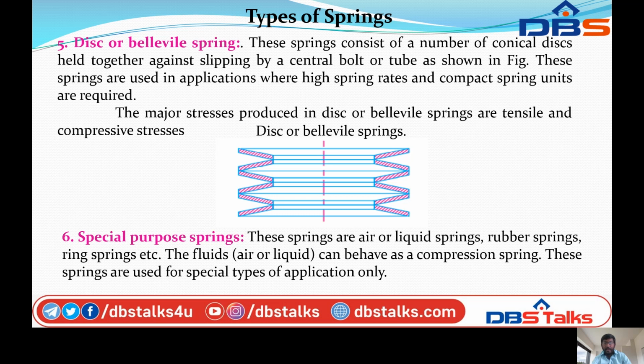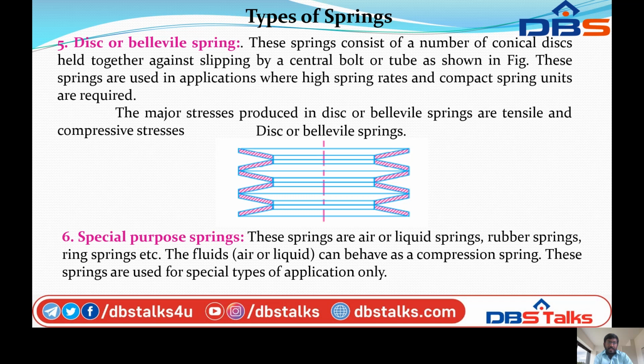So next type of spring, disc or belleville spring. These springs consist of a number of conical discs held together against slipping by a central bolt or tube as shown in the figure.